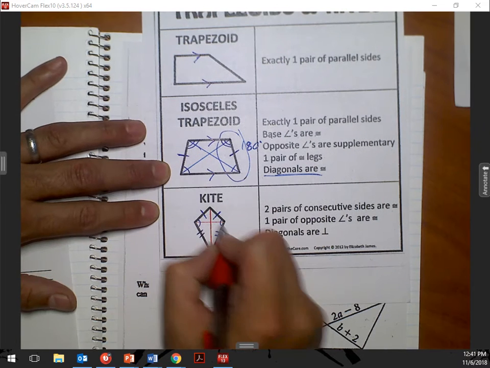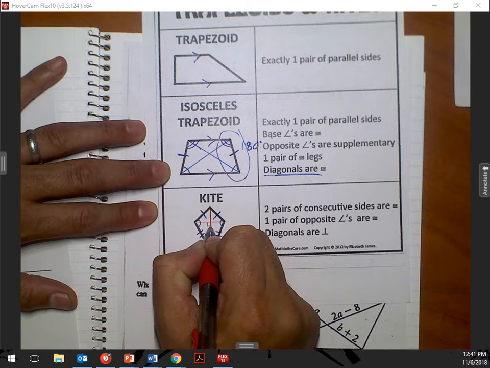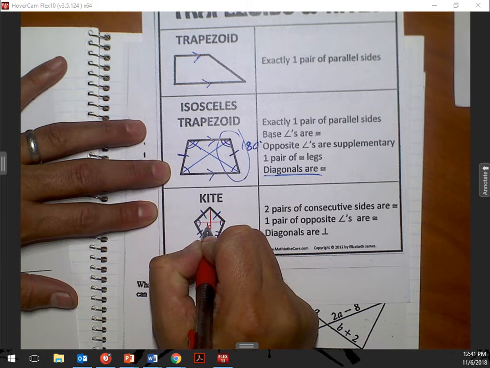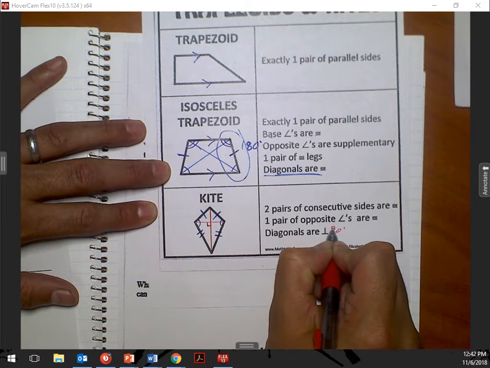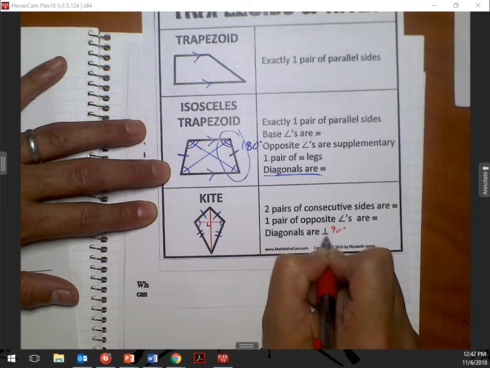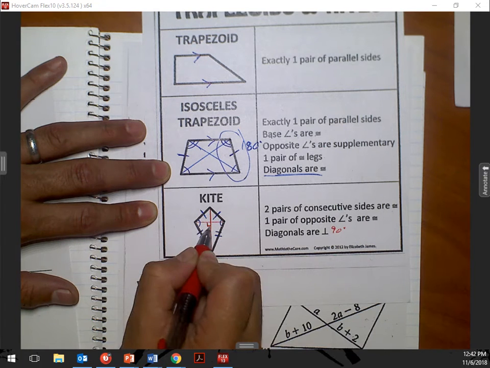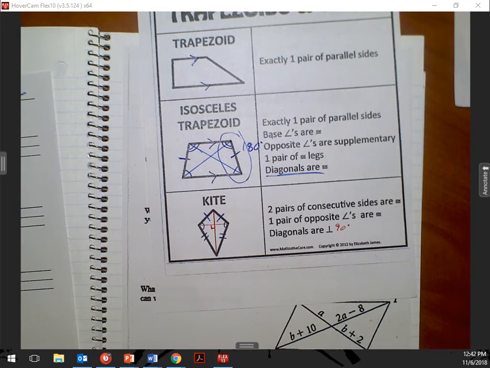What's that little box right there mean? Oh, 90 degrees right there. So if you didn't know that right off the top, this is perpendicular and it means 90 degrees. So there's 90 degrees right there.